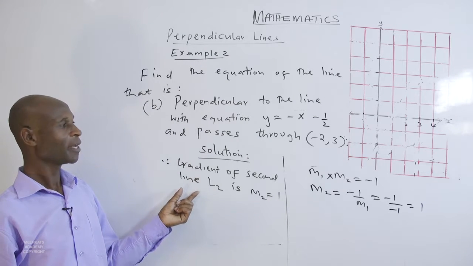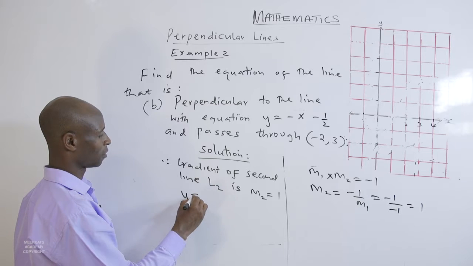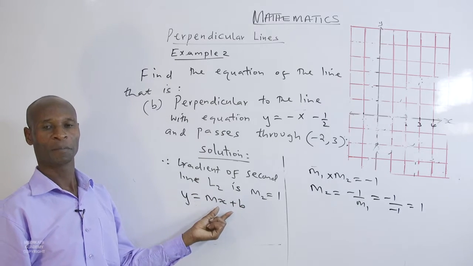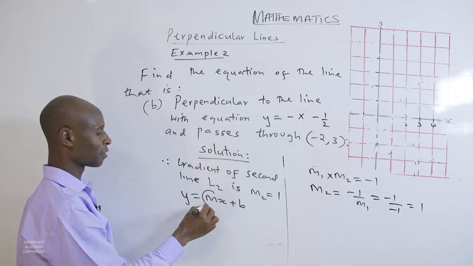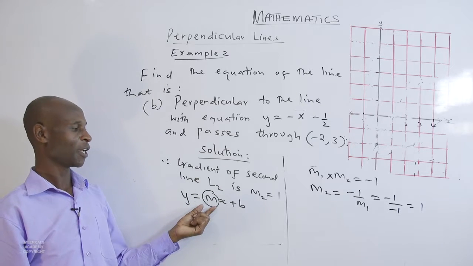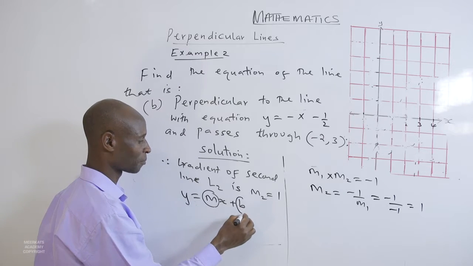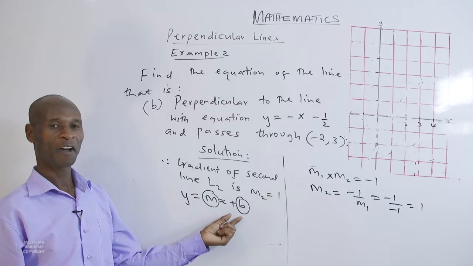Now, we write down the general equation. y is equal to mx plus b. We have the gradient m, which is 1, but we don't have the y-intercept b. So how do we find b?